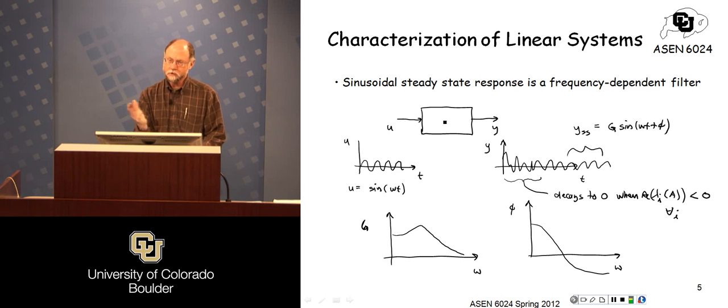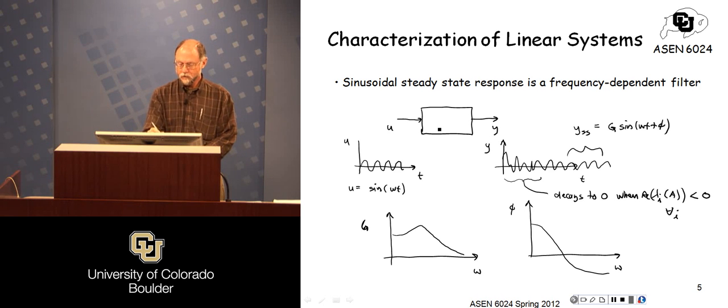Okay, so the really nice thing about linear systems is that, modulo this transient stuff, sine waves in give you sine waves out at the same frequency, with an amplitude and phase shift that turns out to be an easy thing to calculate. So if this thing had a transfer function h of s in there, from a Laplace transform point of view, then G is the magnitude of h evaluated at the frequency of excitation.